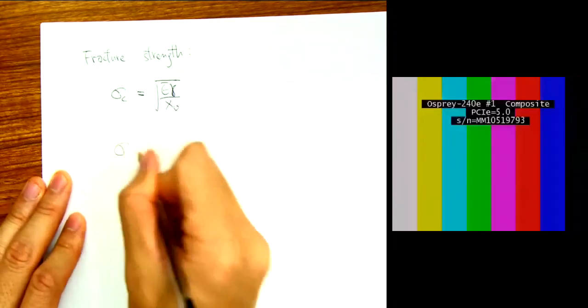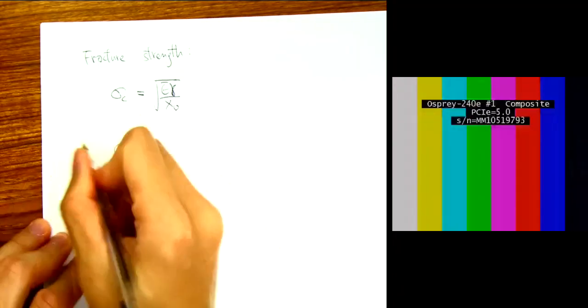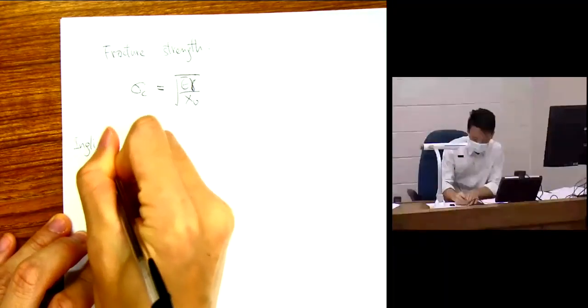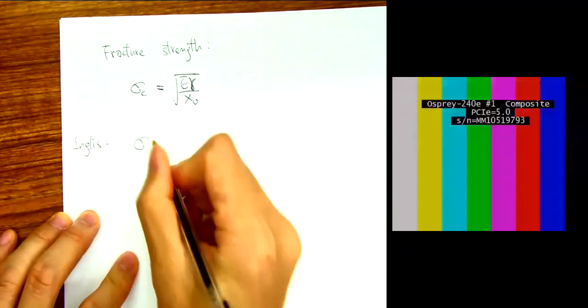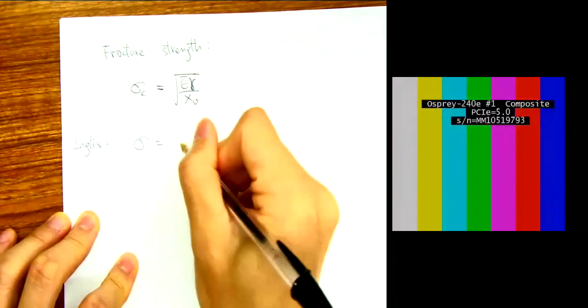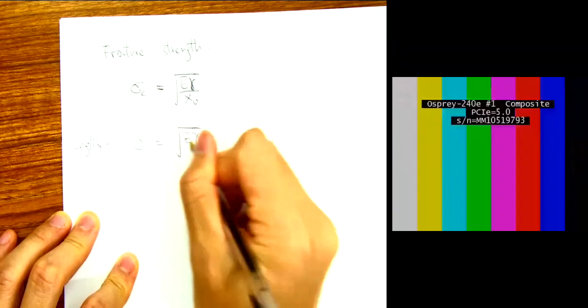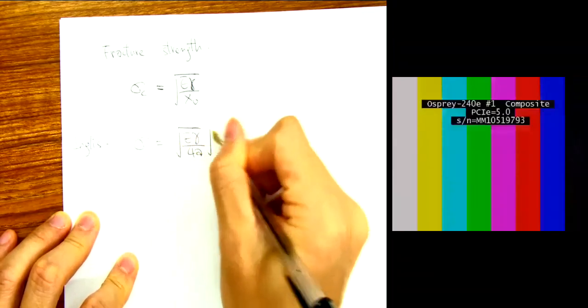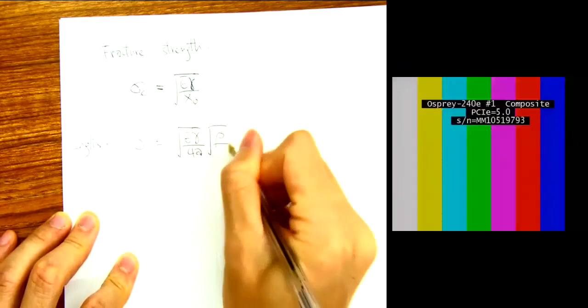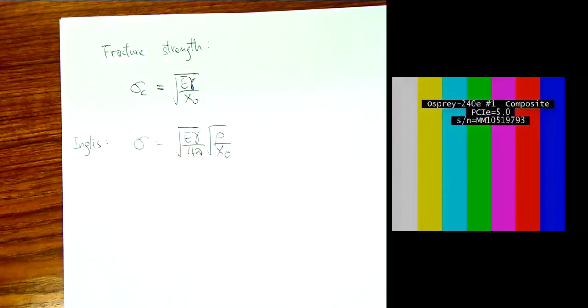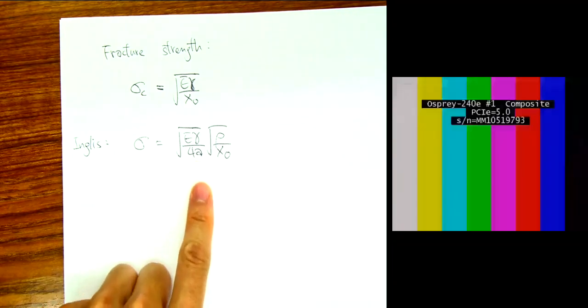And we have the fracture strength from Inglis. He calculated the stress concentration around the flaw, and he derived a slightly different formula with a little additional parameters in there. This is what we got last lecture, I think.